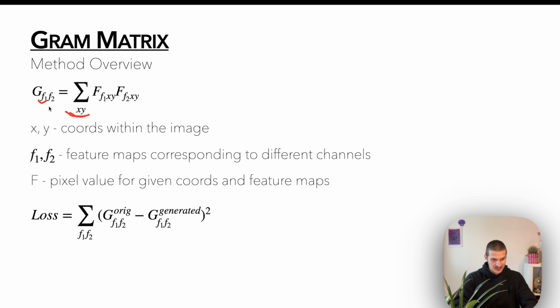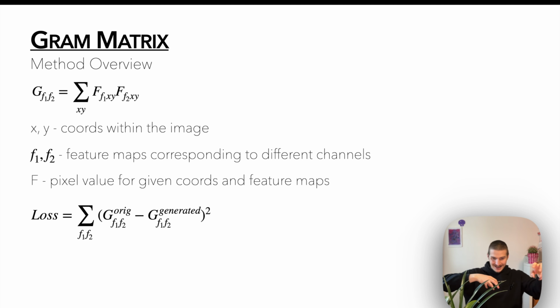The gram matrix only has numbers for either just the feature map itself, like an overall average of that, or the cross correlation between two feature maps. So we don't have the x and y position in the gram matrix anymore, which means the gram matrix is not representing positions. Position has gone away out of the calculation.